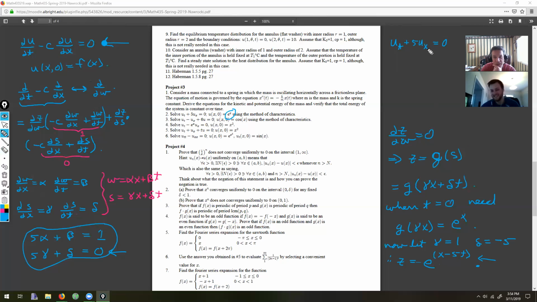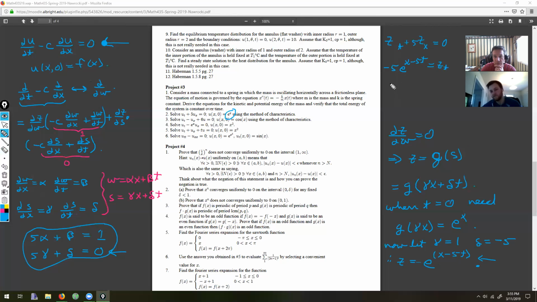So now let's just check this out. zt is going to be, if I differentiate this with respect to t, -5 e to the x minus 5t. That's my zt.